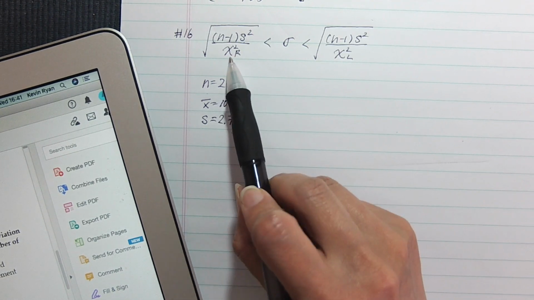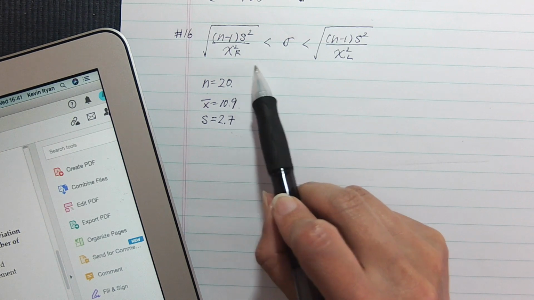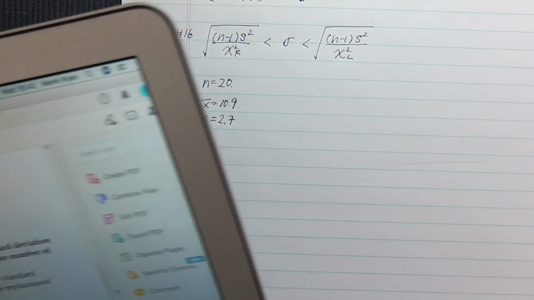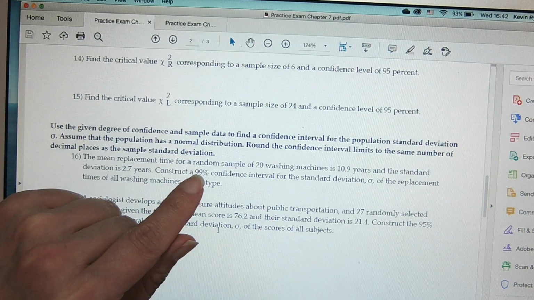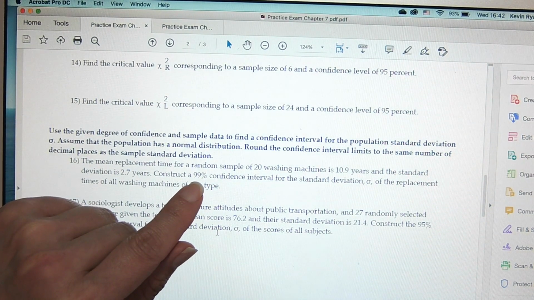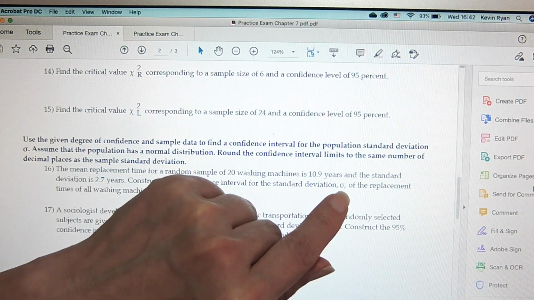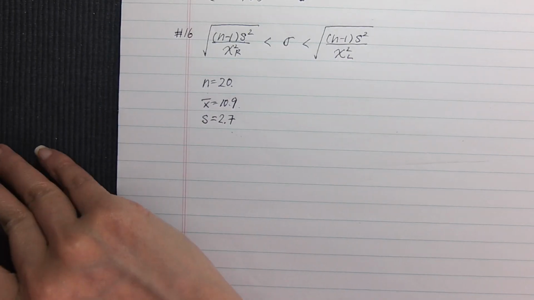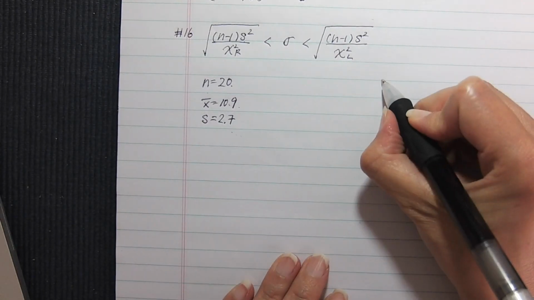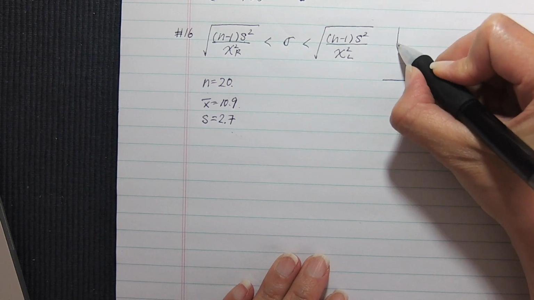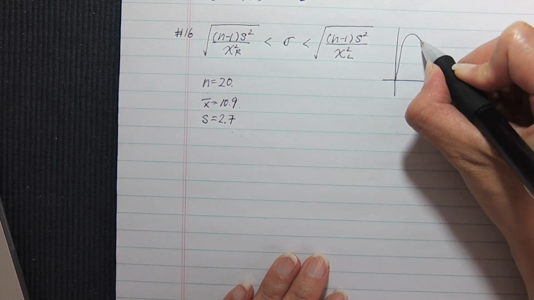Then the denominator is chi. So how do you find the chi? It's a 99% confidence interval for the standard deviation sigma. Do you remember that it's not the bell shape? It's skewed.